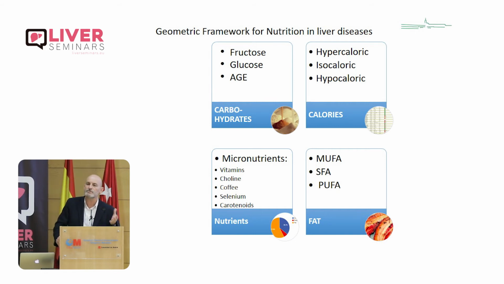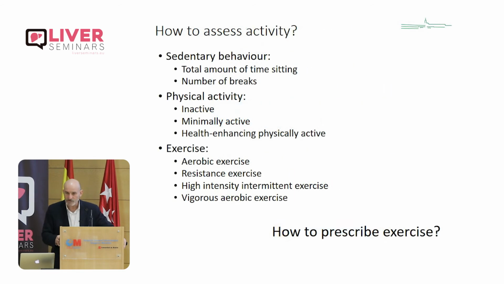They are very, very important in the evolution of this disease. Vitamins, choline, selenium, carotenoid, or coffee. Coffee could protect the liver from the aggression of other micronutrients or any other factors.